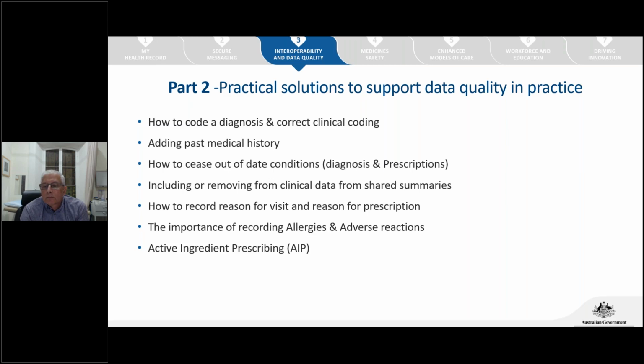We'll also demonstrate how easy it is to correct an uncoded diagnosis, the correct use of free text, and how to update prescription information and add detail quite quickly as well.